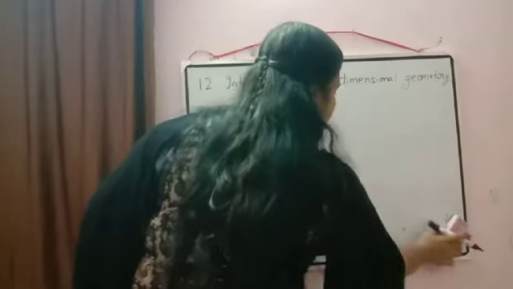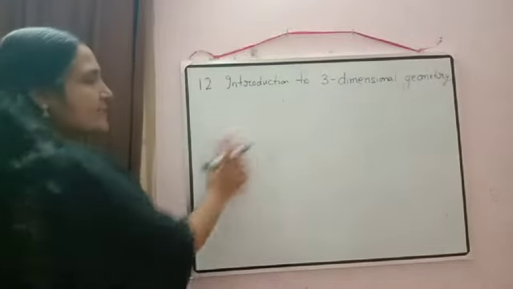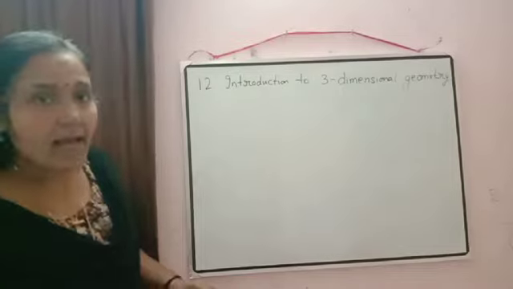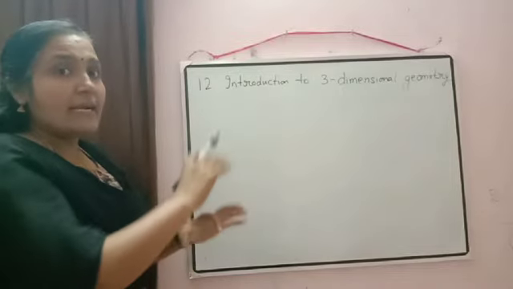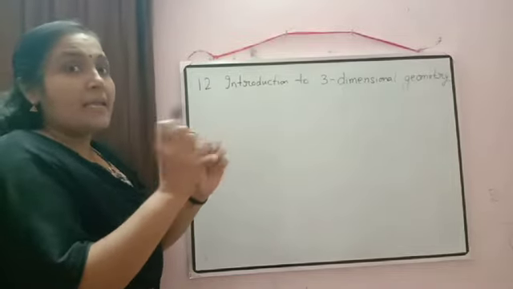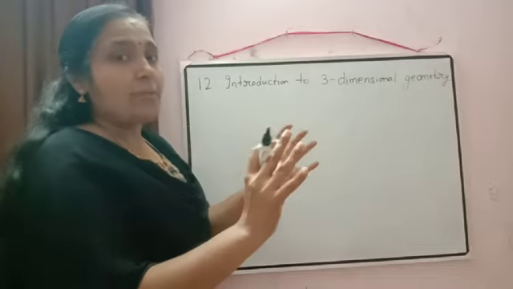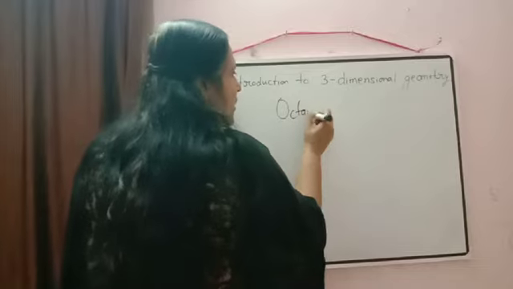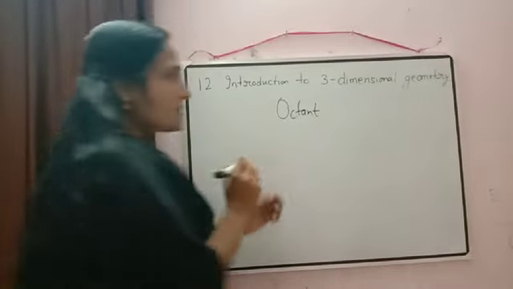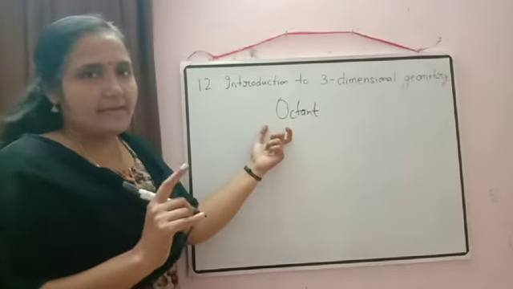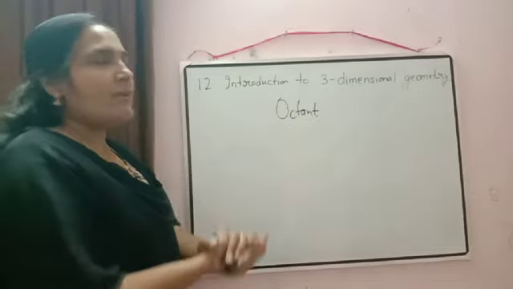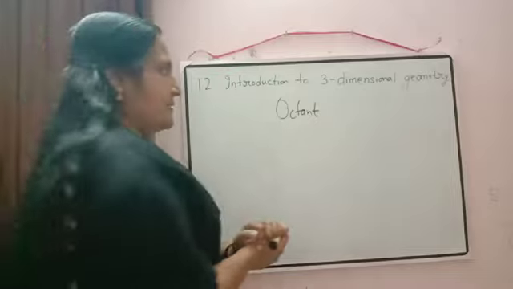Now when we are dealing with 3-dimensional geometry, all 3 axes, the x-axis, y-axis and z-axis, divide the space into 8 parts, and each part is called an octant, because octa means 8. So in 3-dimensional geometry, the space is divided into 8 parts.